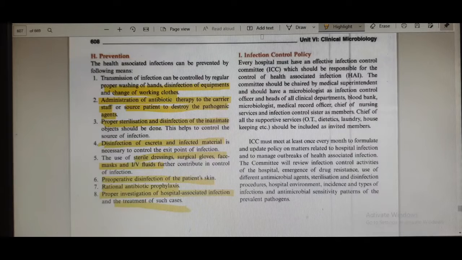Moving to the infection control policy, every hospital must have an effective infection control committee. This committee should be responsible for controlling health associated infection.